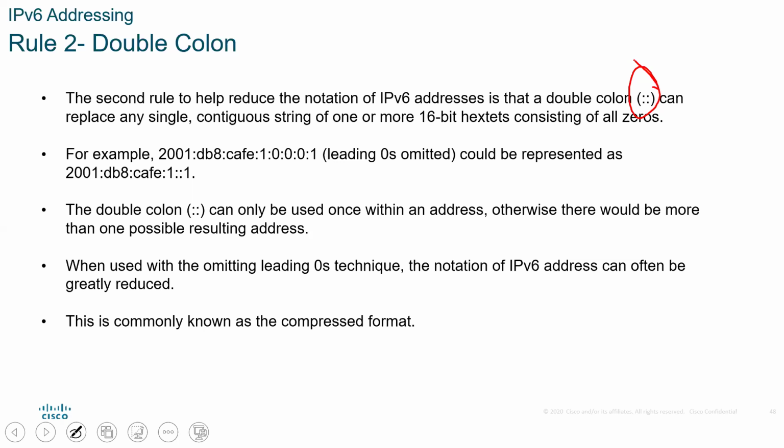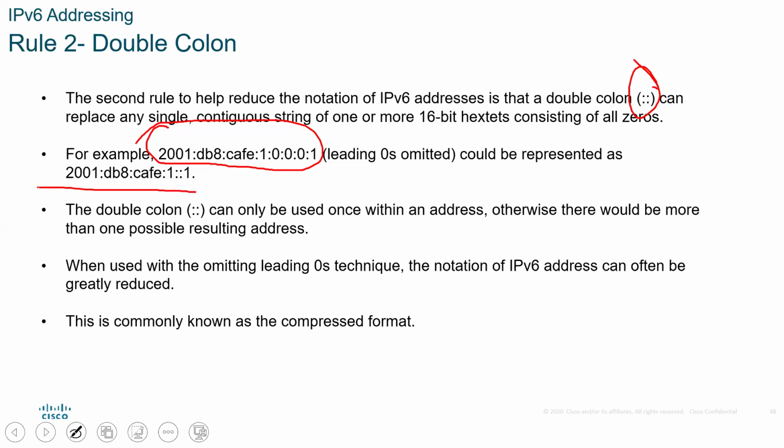For instance, in this IP address, we have removed the leading zeros, so you are left with 2001:DB8:CAFE:1:0:0:0:1.